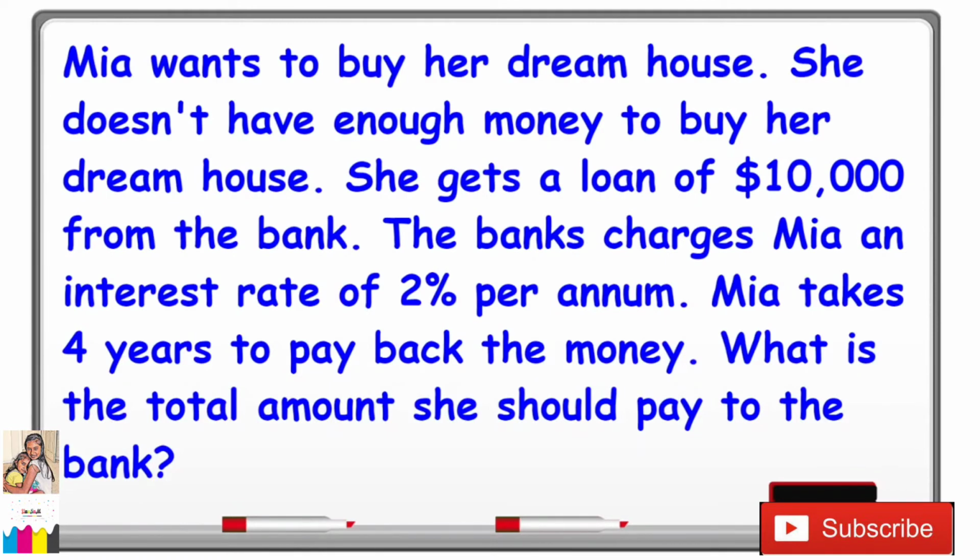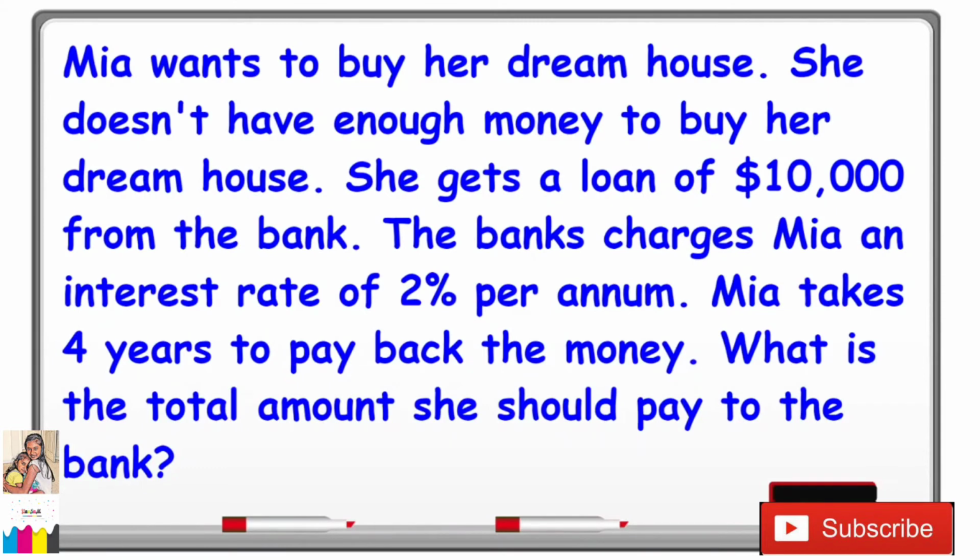Okay, so first let's understand the whole question. Mia is going to buy her dream house. She really wants to buy her dream house. It's been her dream house for ages and ages, and she wants to buy it before someone else buys it. So she doesn't exactly have enough money to buy the dream house. So she goes to the bank and she asks for $10,000. The bank says, "Okay, Mia, I'll give you $10,000, but you will have to give me an interest of 2% per annum, which is per year.